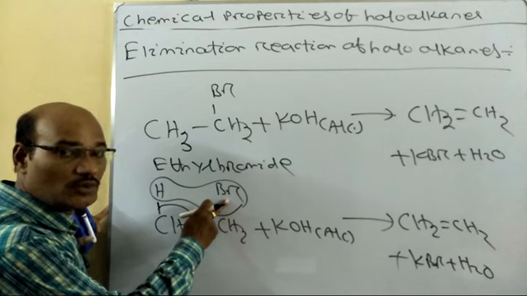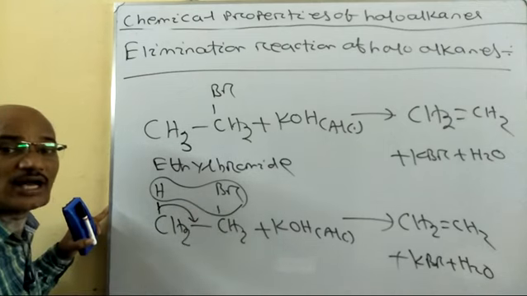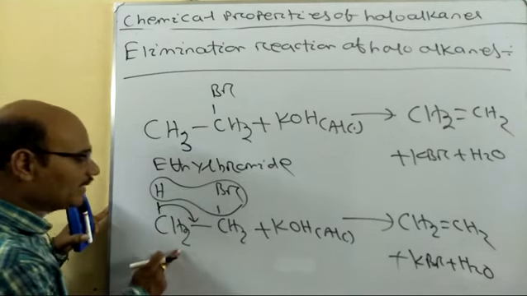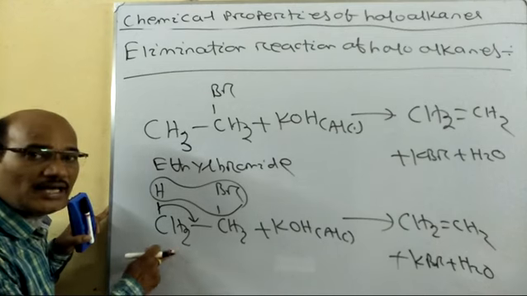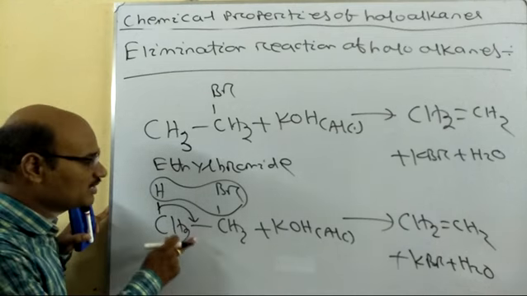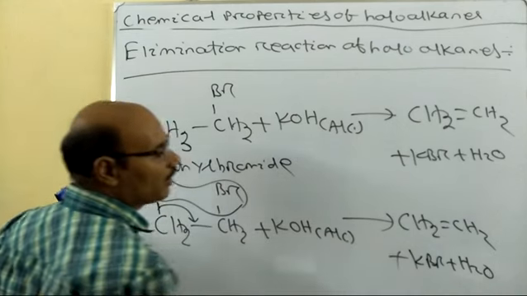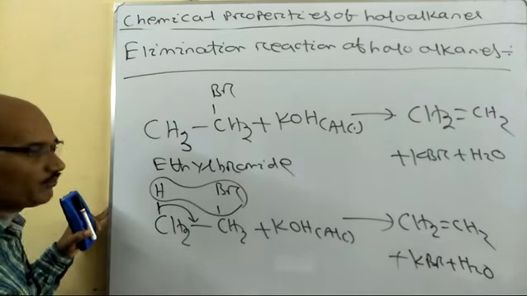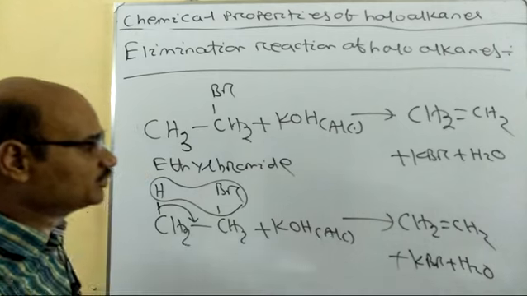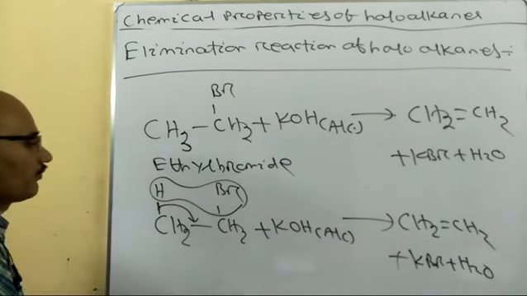So alkyl halides undergo dehydrohalogenation in the presence of alcoholic KOH to give an alkene. This is an elimination reaction of haloalkanes.